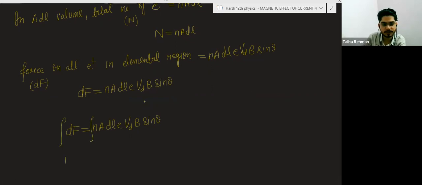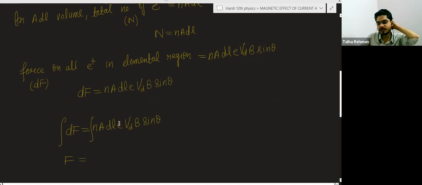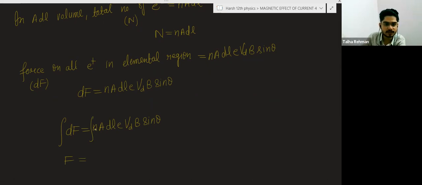So this will become the total force on the wire. And here, out of the integration, you will take the constant term. So small n is constant, area is constant, small e is constant, drift velocity is constant, magnetic field is constant, also the sine theta.